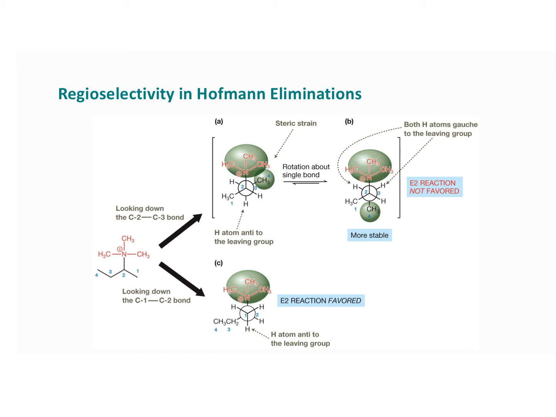So that causes steric strain on that C3 proton there. And the molecule instead prefers to have all the methyl groups anti and both C3 protons gauche to the leaving group, which is shown here. Okay.